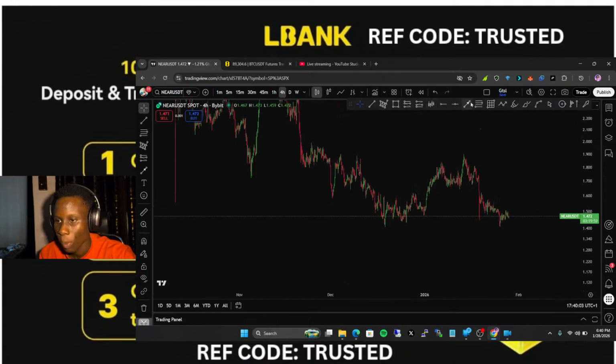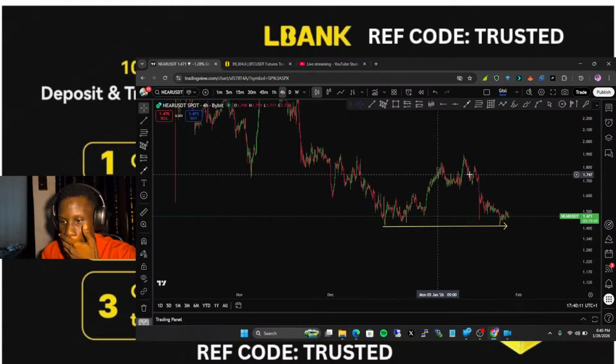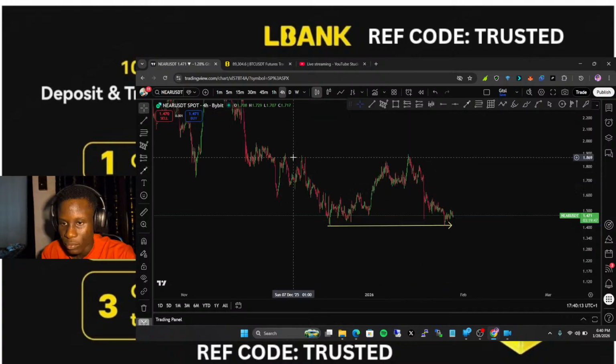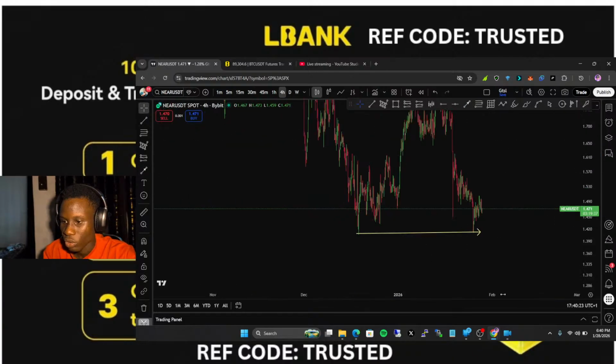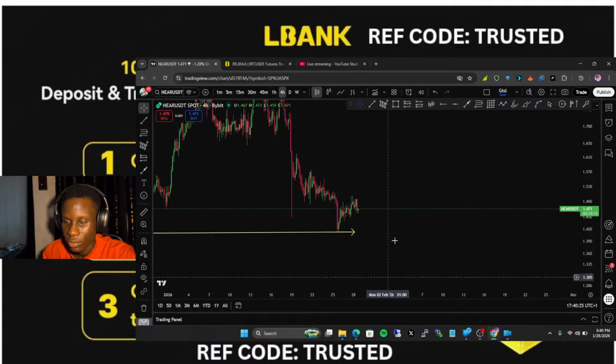So we have the support level right here. We also have our resistance right here where the trade got rejected. That's 1, 2.